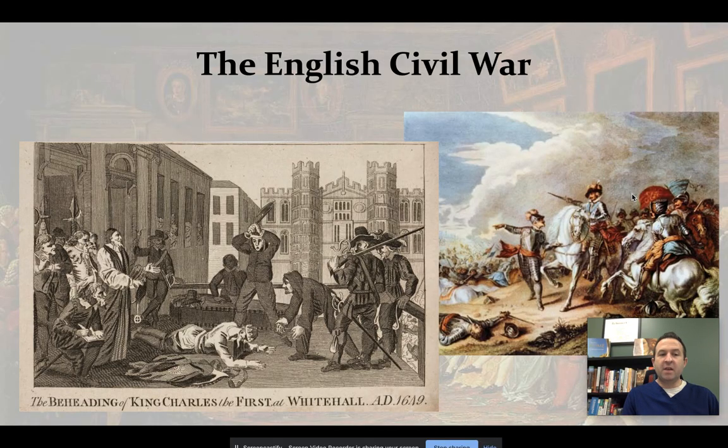On the other side of things were the Calvinists, known as Roundheads. These Roundheads oppose the king. And again, these are largely Puritans, and also Scotland. Now, the Scots themselves were not necessarily in favor of the Puritans.